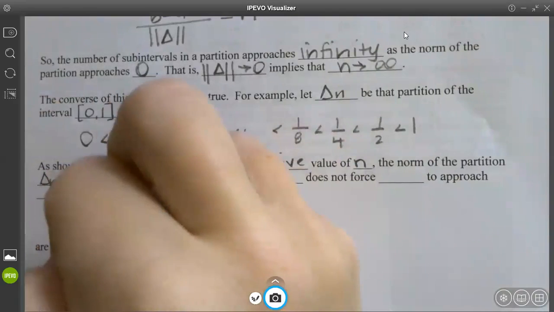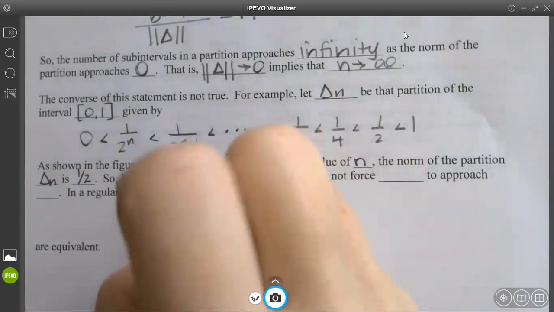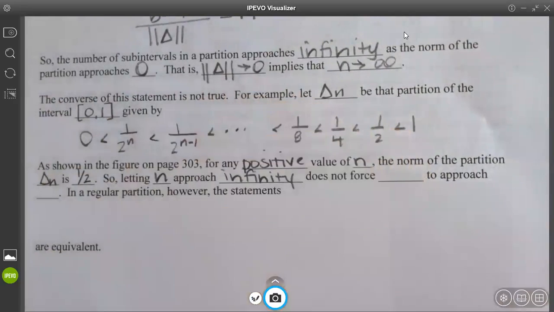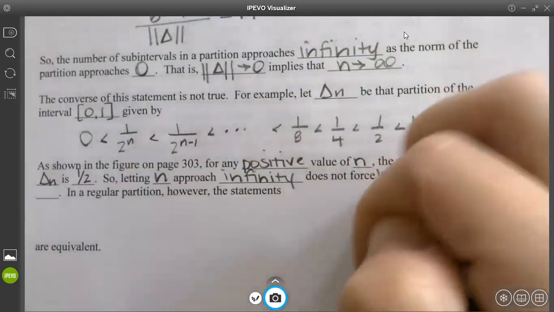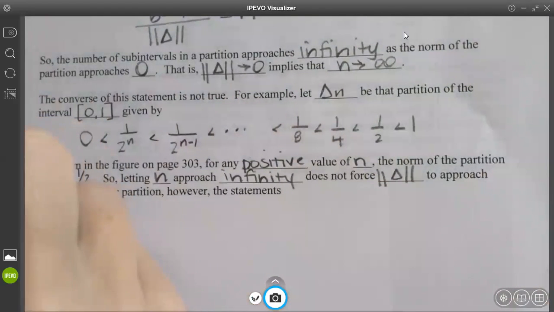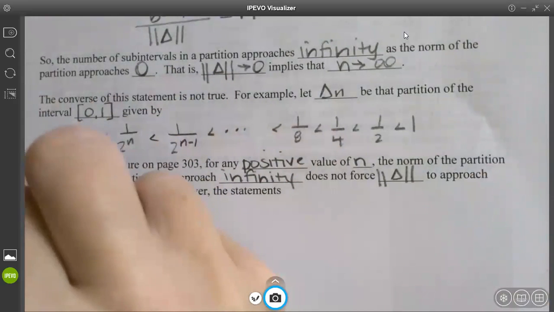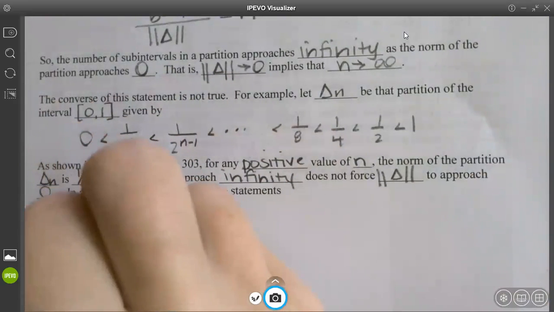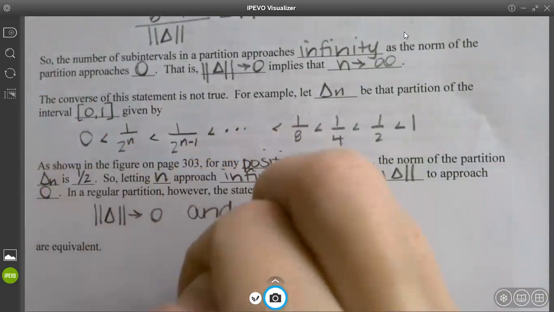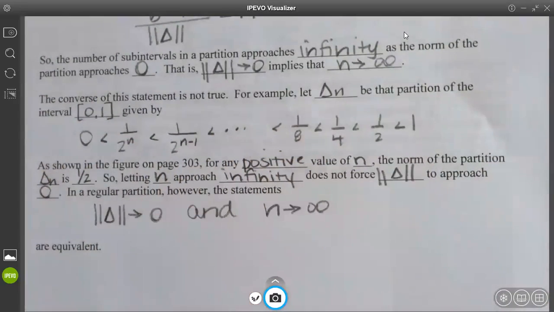So letting n approach infinity does not force delta to approach 0. In a regular partition, however, the statements that delta goes to 0 and n goes to infinity are equivalent.